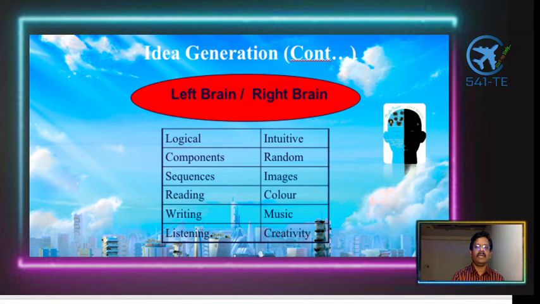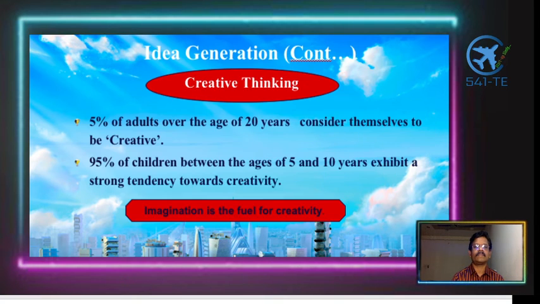Whereas the right brain is all about intuition, randomness, images, color, music, and creativity. These are the main functions of the two sides of our brain, and this is very much essential for creative thinking and deep thought process to generate ideas. So idea generation is critical and creative thinking.